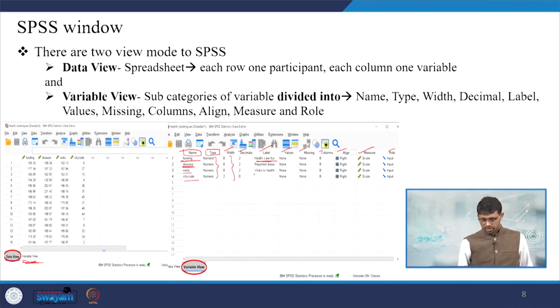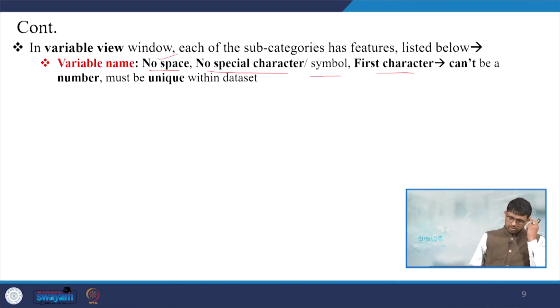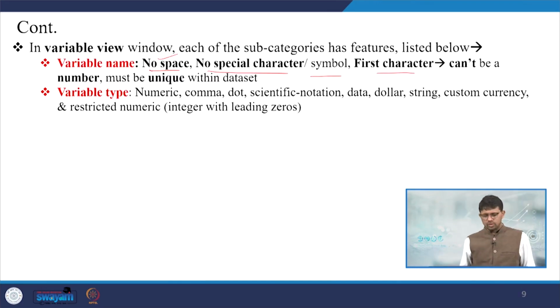If you want to clarify, you can write down all details in this box. Then variable type: whether it is numeric, comma, dot, scientific notation, date, dollar, string, custom currency, restricted numeric, etc.